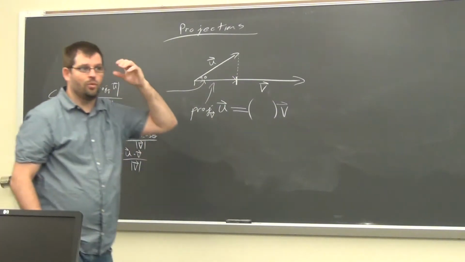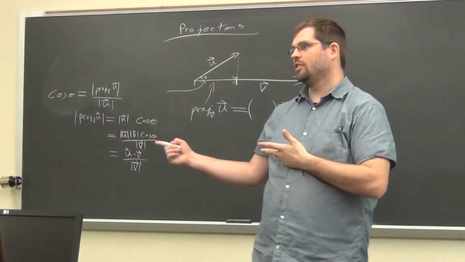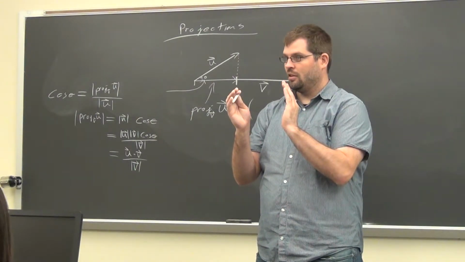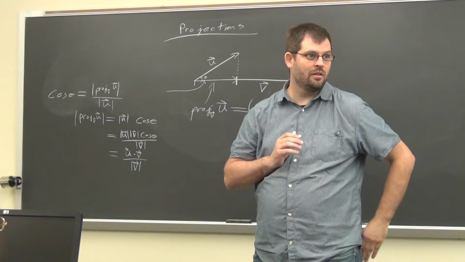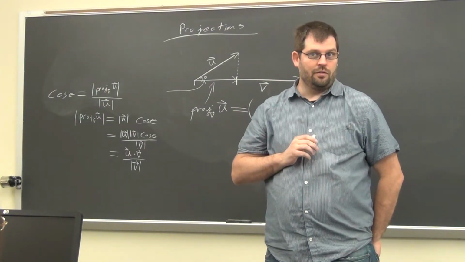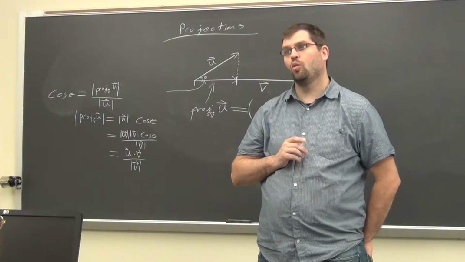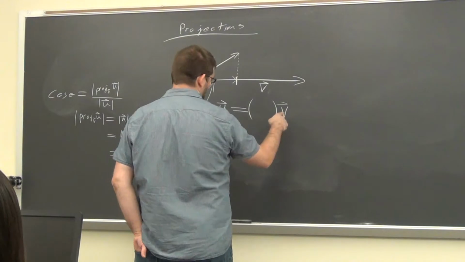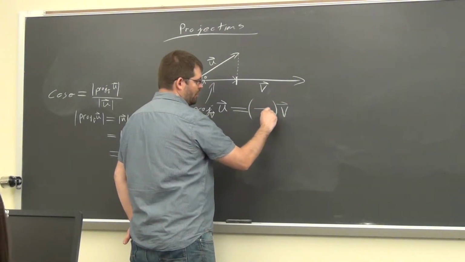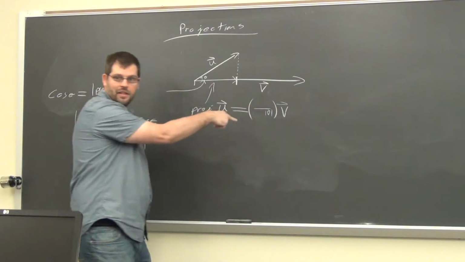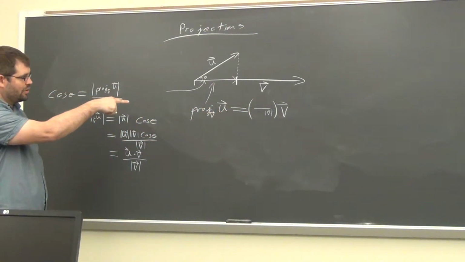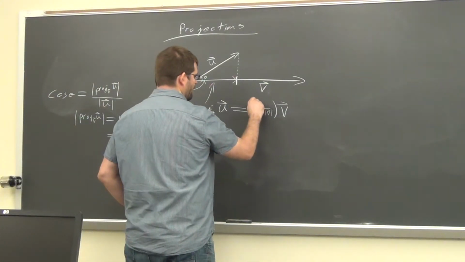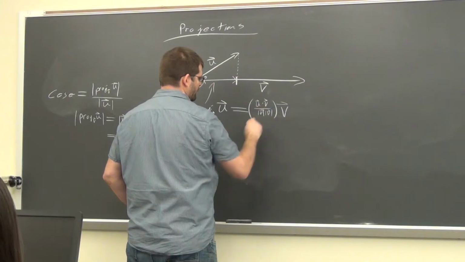How did we do that before? When we wanted a vector of length 5 in the direction of a given vector, what did we do? We took our vector and made it a unit vector. How do we make it a unit vector? You want to make it length 1, so you divide by the length of the vector. So you take this vector and divide by its magnitude, that's a unit vector, and then we want it to be this length, so we just multiply this in, and we get that.